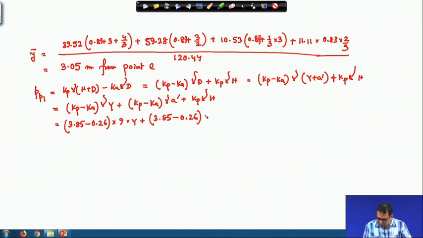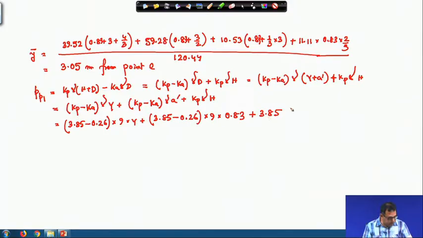So, I can write this is also gamma dash 9 into a dash value is 0.83. So, this is 0.83. Then plus Kp 3.85. So, I have taken a dash 0.83, okay, it is not 0.8.